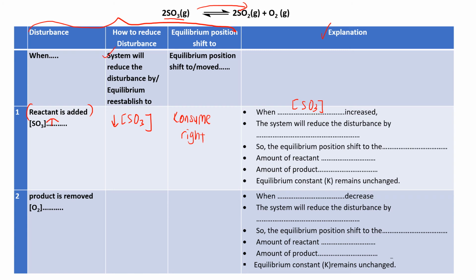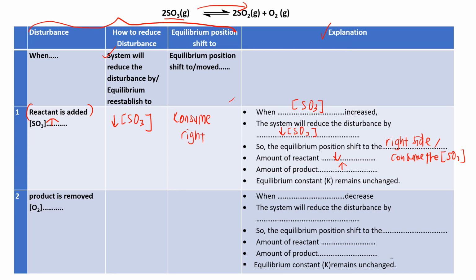The second sentence: the system will reduce the disturbance by decreasing the concentration of SO3. The third sentence: the equilibrium position will shift to the right side, which consumes the SO3. So the amount of reactant will decrease because it shifts to the right side, and the amount of product will increase. At the end, the equilibrium constant remains unchanged because only temperature will change K.